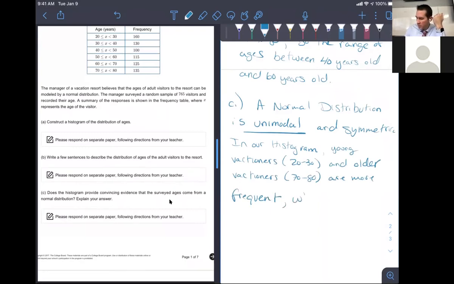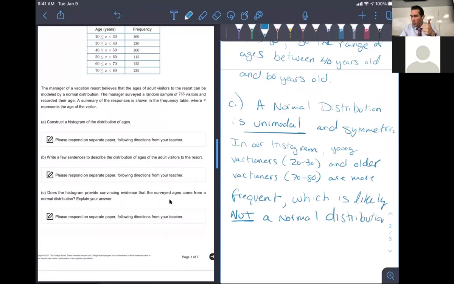Which is likely, squishy word there, not unimodal. So you see how I made a claim: a normal distribution is unimodal and symmetric. While our data is symmetric, because the symmetry is from the ends, it's not going to be normal.